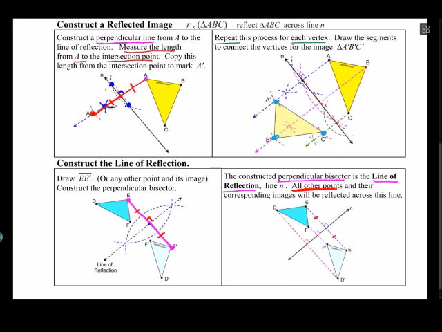So these segments are congruent, these segments are congruent, and these segments are congruent, and all of them are perpendicular to the line of reflection. So only one step on this. That's kind of nifty. These are some fun constructions that we are going to be doing with reflections.